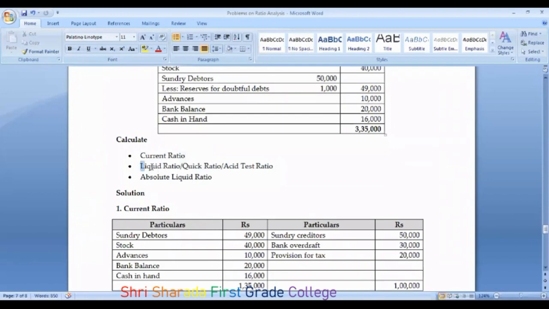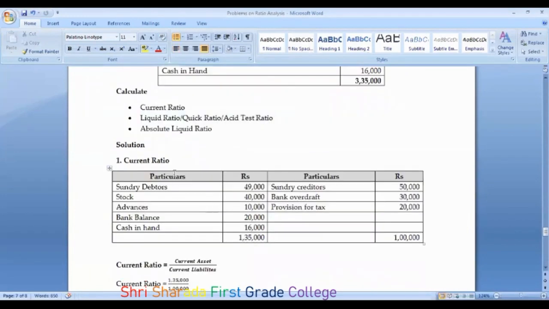So what is the liquid ratio? It is also nothing but the quick ratio and the acid test ratio. It takes all the current assets except the stock as well as the prepaid expenses, but it considers all the current liability. And there is also an absolute liquid ratio to be found out. This is the new one that is required to be found out.